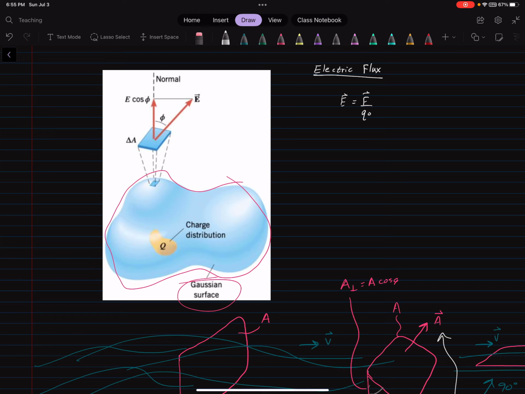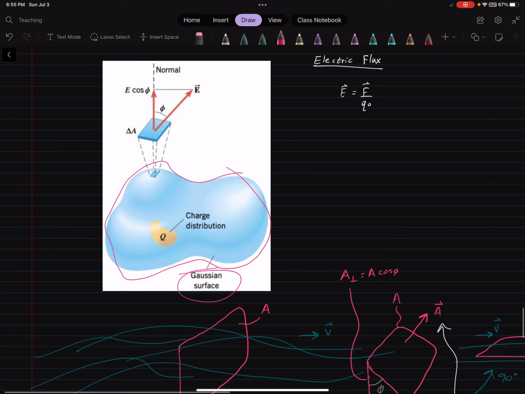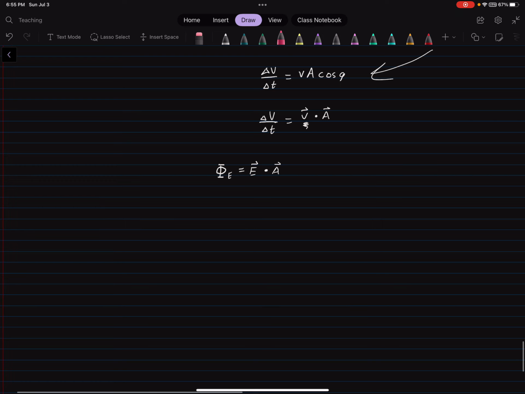And in this case, this is the flow in some weird arrangement. Who knows what the charge distribution is? Maybe it's curving around and doing this kind of a thing. Who knows? But that's what they say it is in this little random example. And so we want the component that is parallel to the area normal vector, right? And so E dot A.